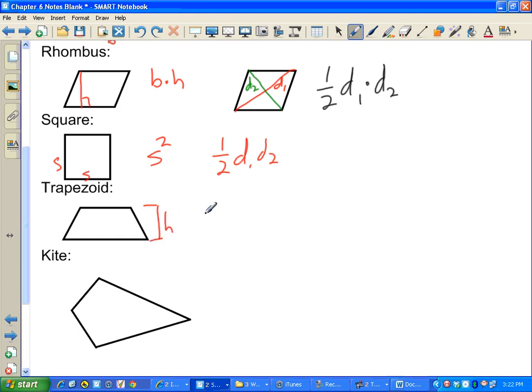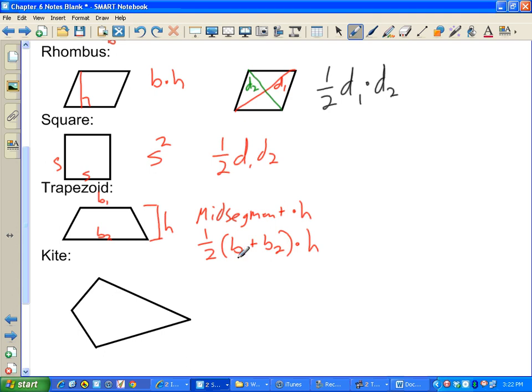So this is your height, and you're going to take mid-segment times height. And the mid-segment really is half the bases added together. So here's the more formulaic way of looking at it. This would be base 1. This would be base 2. You add those together, divide by 2, and then times that by the height, and that'll be the area of a trapezoid.